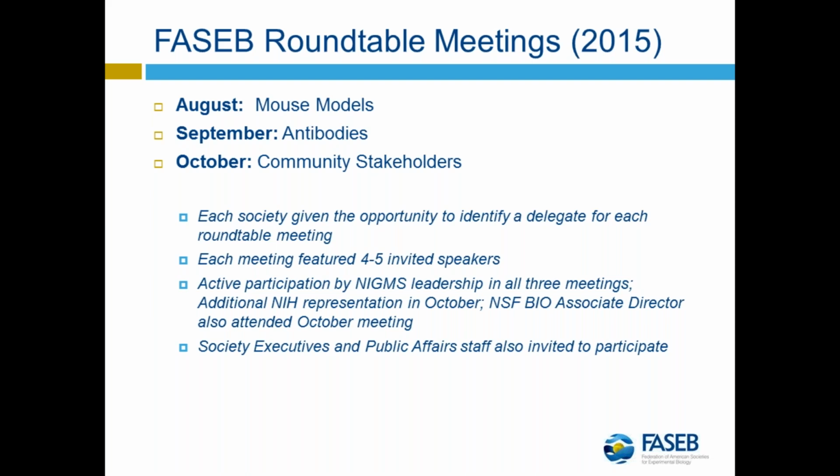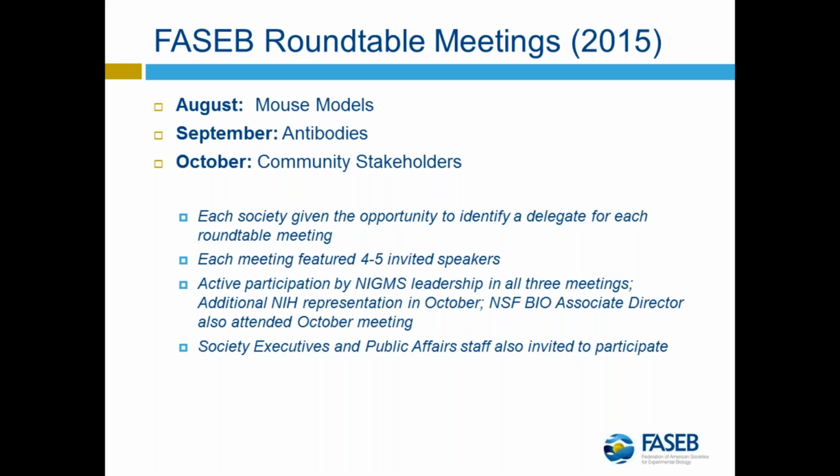In August, we convened a group to talk about mouse models and some of the common pitfalls when utilizing them, so we could streamline and say, this is how you minimize variability from lab to lab. In September, we did the same thing with antibodies.